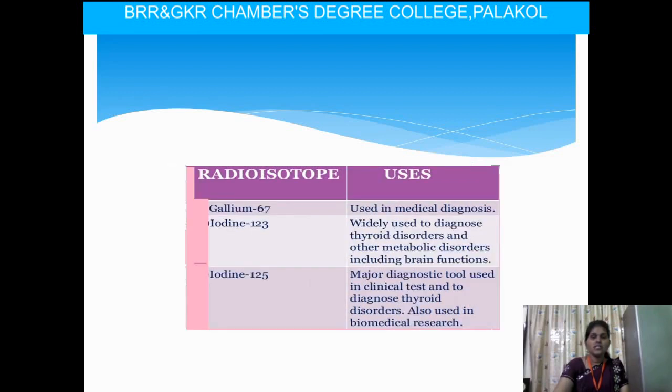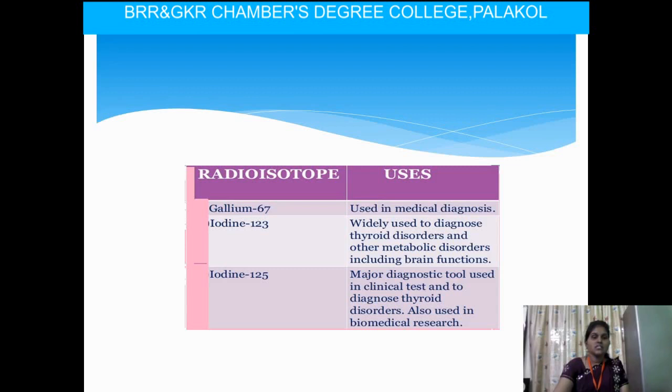And the next one is gallium 67. So it is used in medical diagnosis, and iodine 123 is widely used to diagnose thyroid diseases. We have different types of hormones, and different hormone concentrations can also be assessed by iodine 123. And other metabolic disorders can also be assessed by iodine 123.